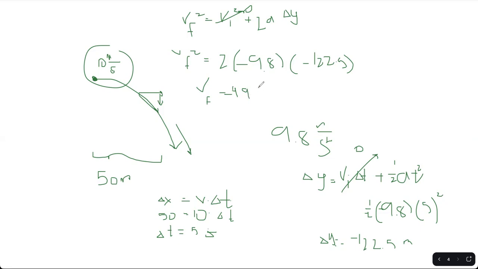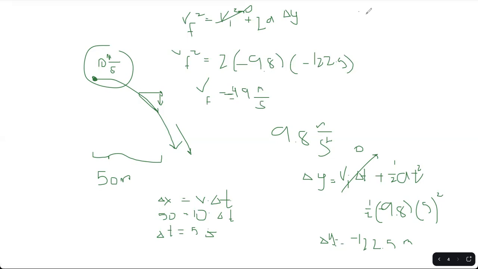So it's interesting that the exact square root will be 49. Pretty nice. So it technically is negative 49 since we said downwards is negative and the velocity is moving downwards. So it is negative 49. Best to keep that.